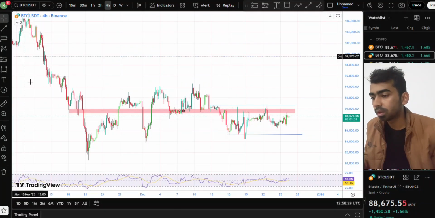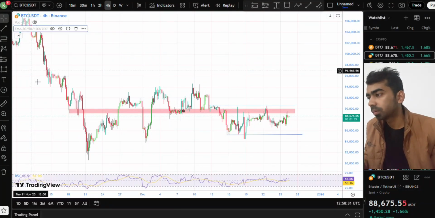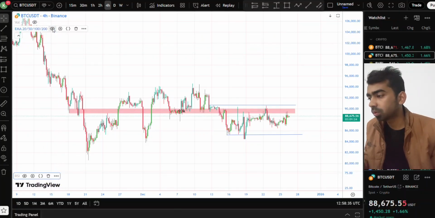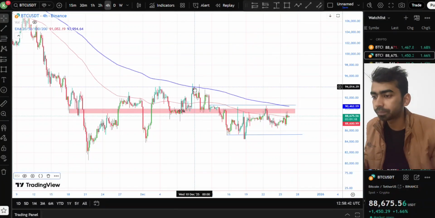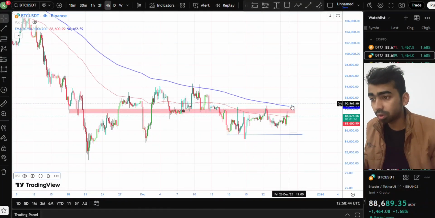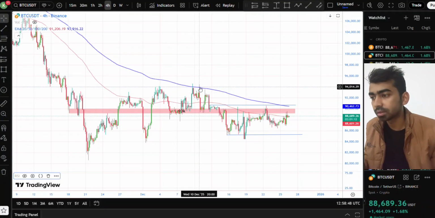Okay, in the 4 hour time frame, BTC is close to the 100 EMA. Look at it, this one is the 100 EMA, and it will behave as a resistance.